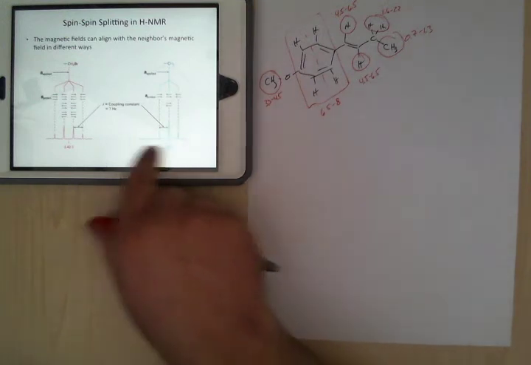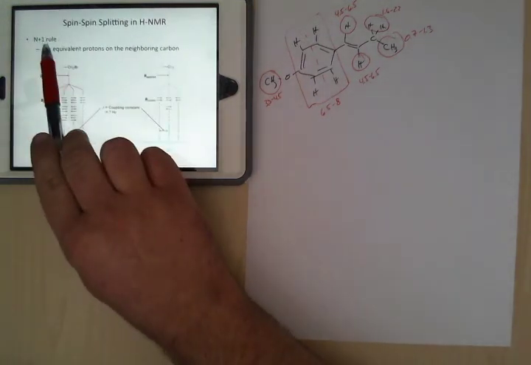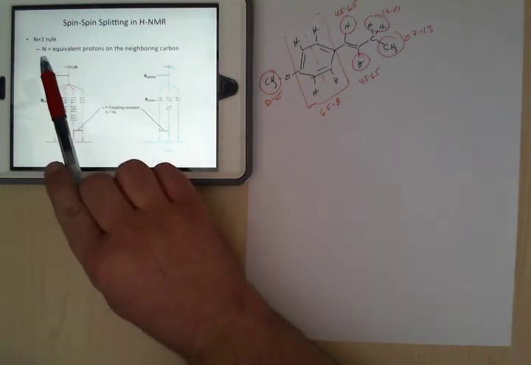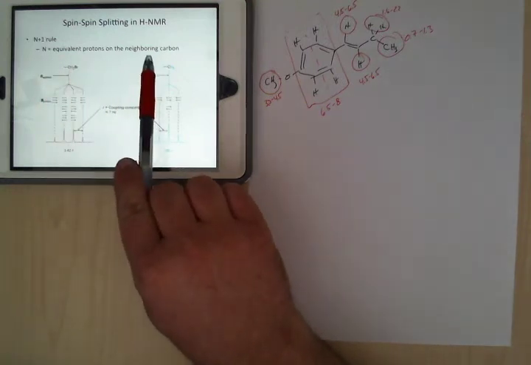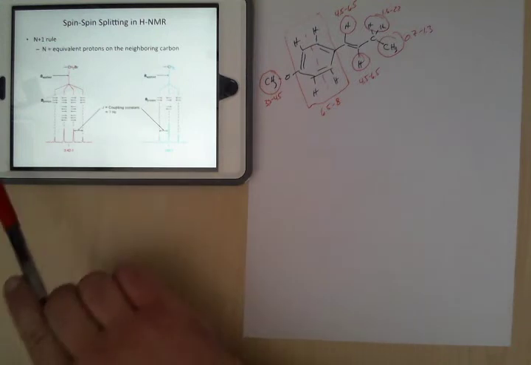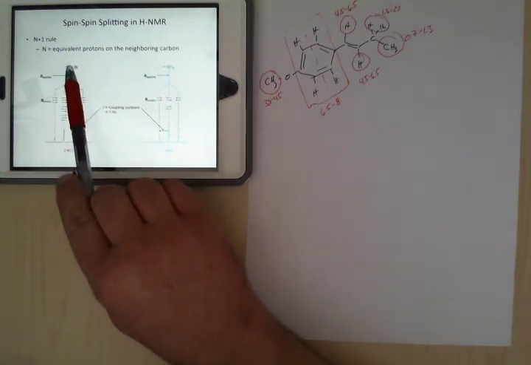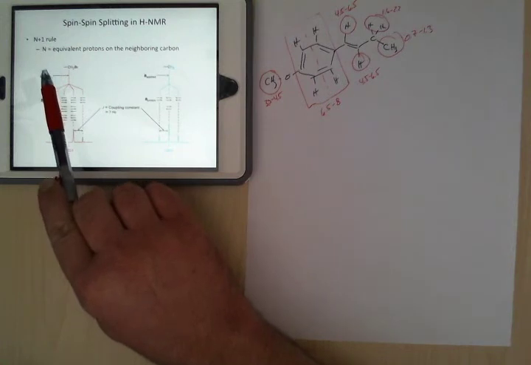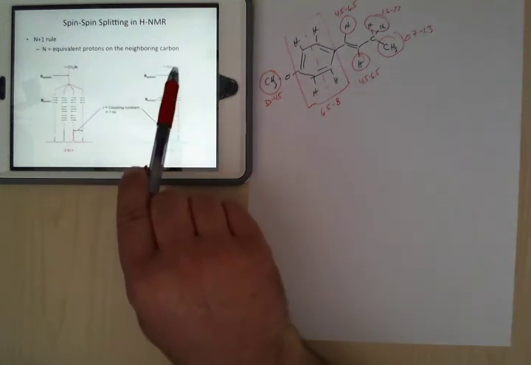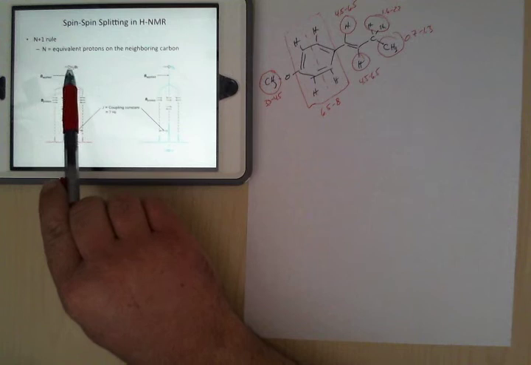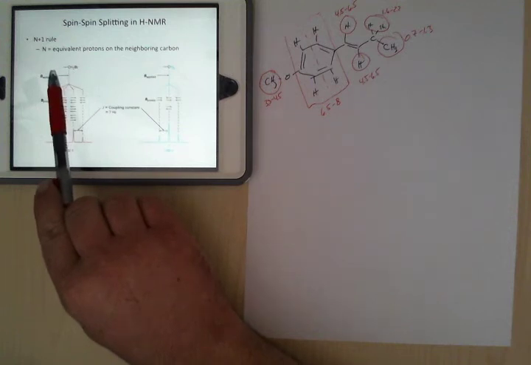But the net effect is what's called the n+1 rule. The n is the equivalent number of protons on the neighboring carbon. So if the neighbor is this CH3, you get 4 signals out.